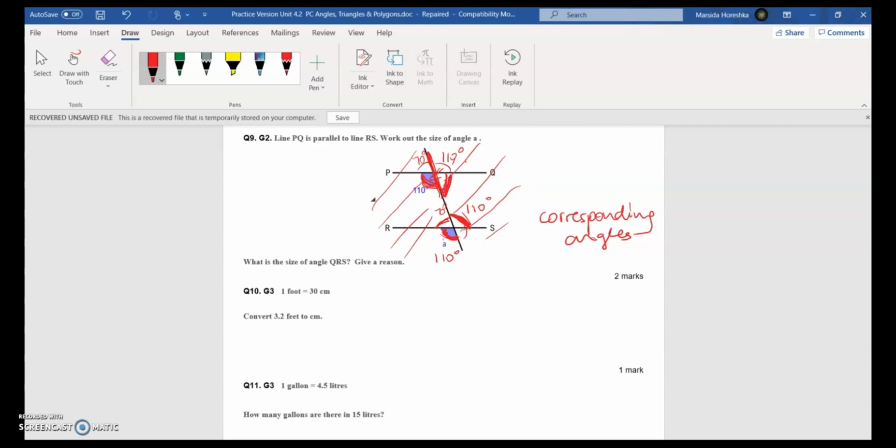So this one here is alternating with this one. So we have also co-interior. So if we think of these as rooms, we have co-interior angles. So this one here is co-interior with this one. So both of them add up to 180.